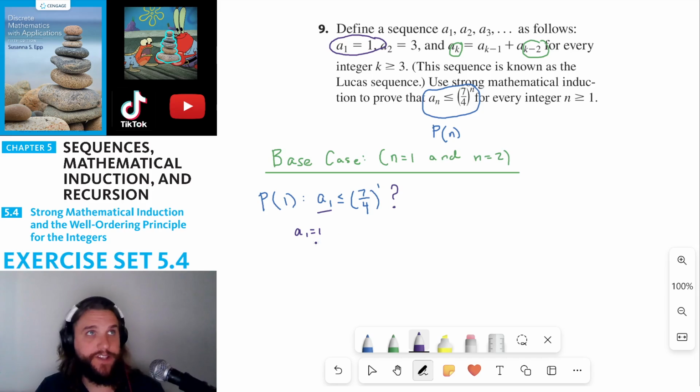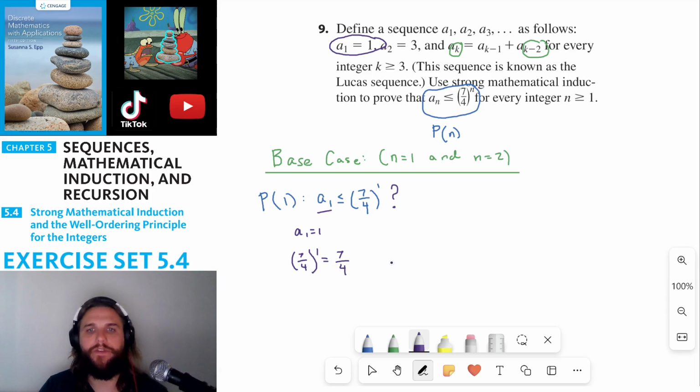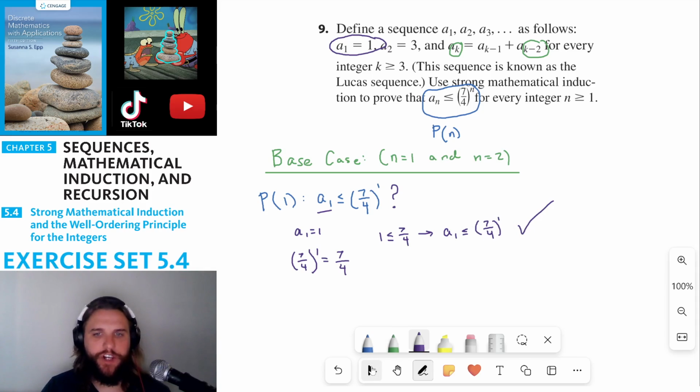That's the left-hand side. The right-hand side of this inequality is (7/4) to the 1st power. If you raise any number to the 1st power, you just get the same number, which is 7/4. And sure enough, 1 is less than or equal to 7/4. This means that a sub 1 is less than or equal to (7/4) to the 1st power, and that's what we wanted to show.